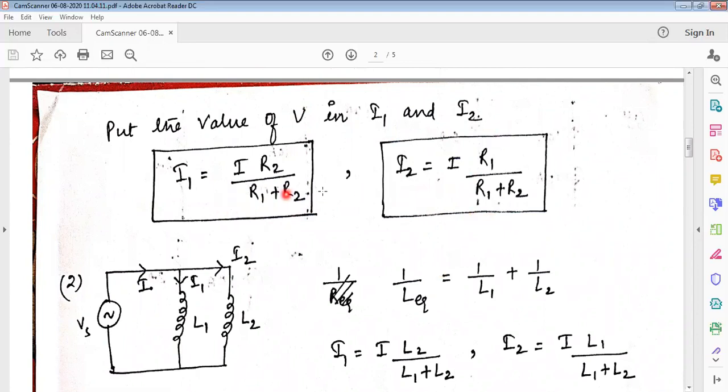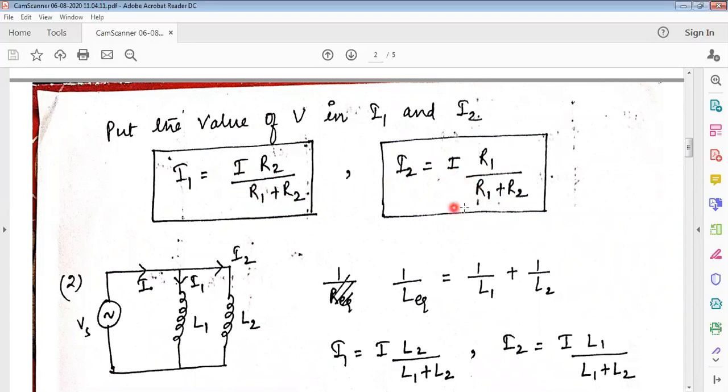So this is the current division rule. See here what it is stating: the current in any branch you can find by the opposite resistance divided by the total resistance R1 plus R2, multiplied by the total current. Similarly, the current in the second branch is equal to the resistance of the first branch divided by the total resistance, multiplied by the total current.